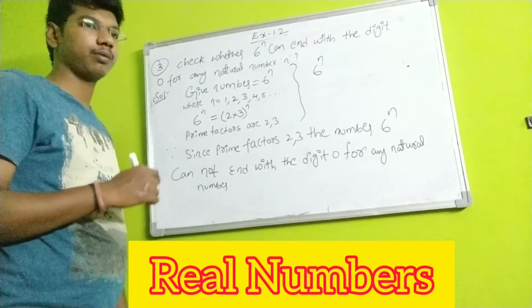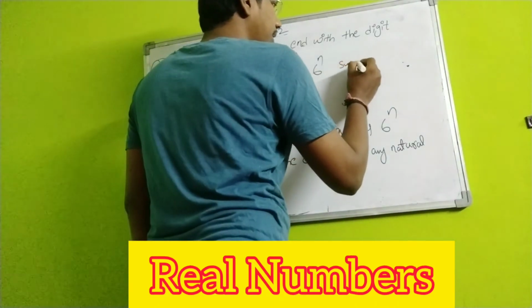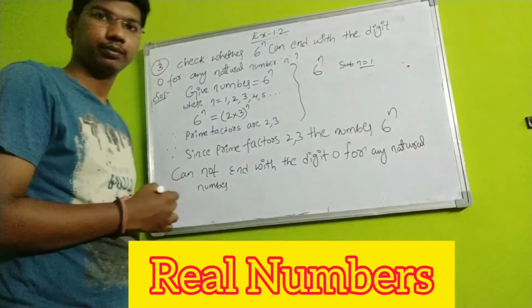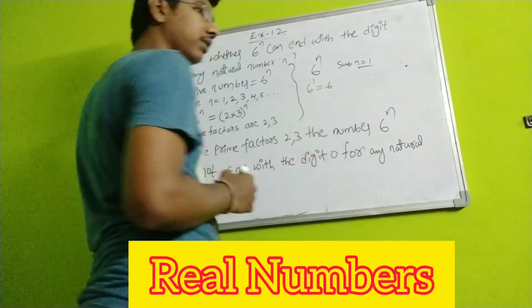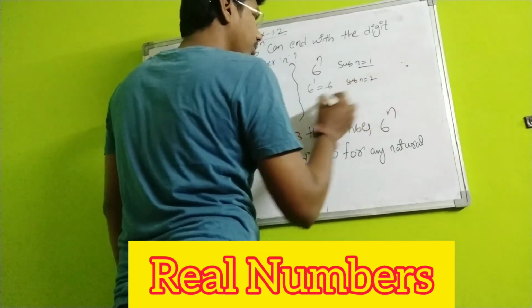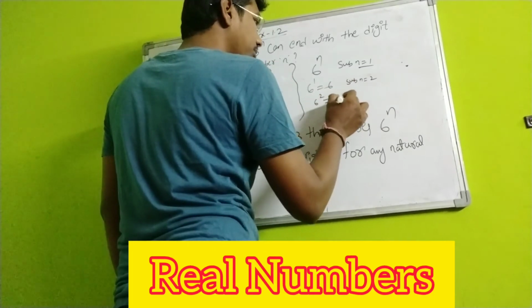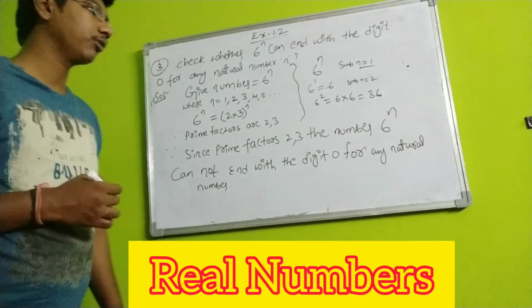First check with 6 power 1. Take an example, substitute n is equal to 1, students. In place of n substitute 1. 6 power 1 is equal to 6. Take another example, substitute n is equal to 2, students. 6 power 2 is equal to 6 into 6, which is 36. That is the proof, students. Why?